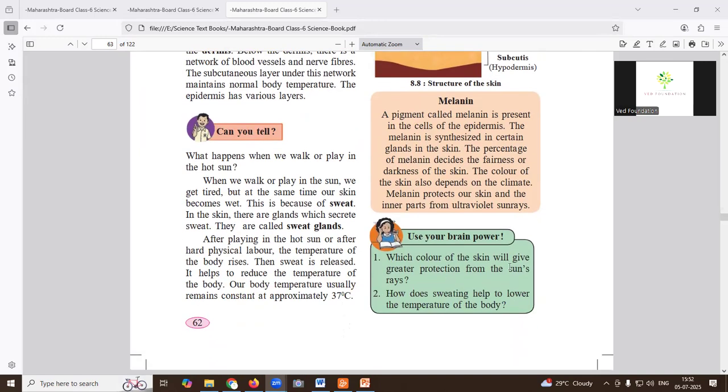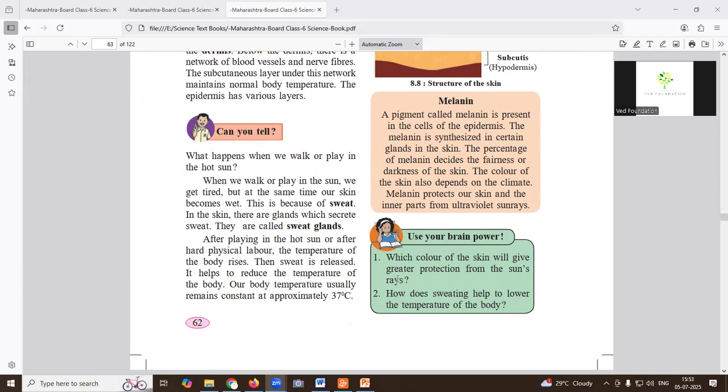Which color of the skin will give greater protection from the sun rays? Answer: darker skin color gives greater protection from the sun rays. This is because dark skin contains more melanin. Melanin is a pigment that absorbs harmful ultraviolet rays from the sun and protects the deeper layer of the skin from damage.